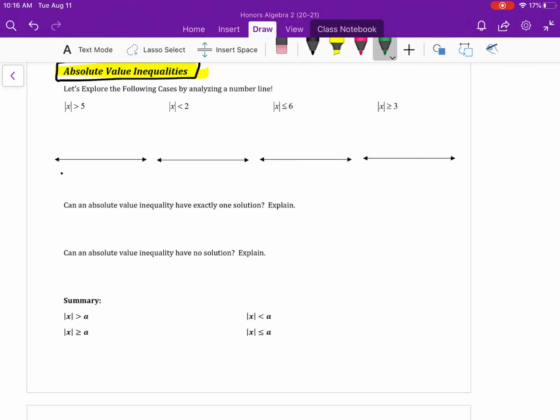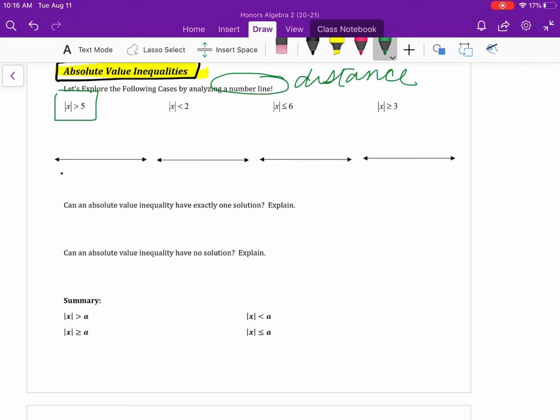So the first thing I want you to think about is we know that absolute value has everything to do with distance, right? Absolute value has everything to do with the distance from zero in a lot of cases. So let's read this question. I'm saying the absolute value of a number needs to be greater than 5.